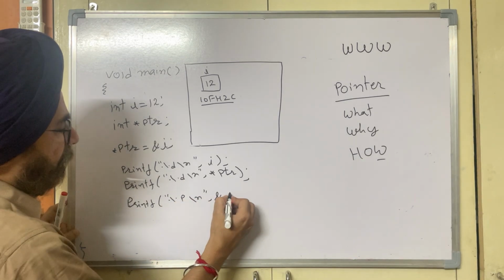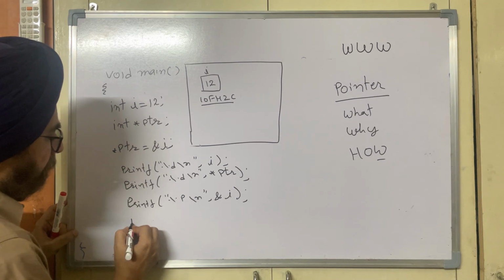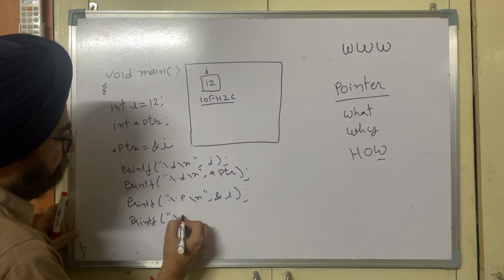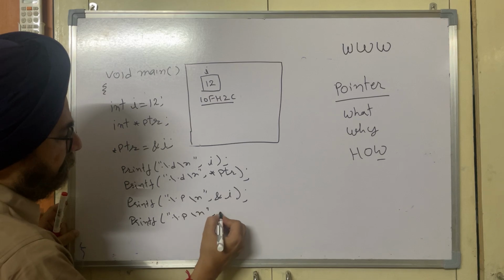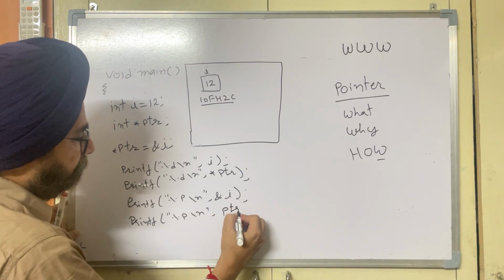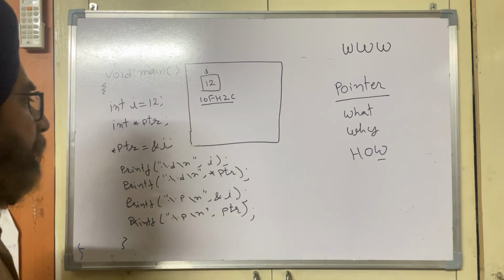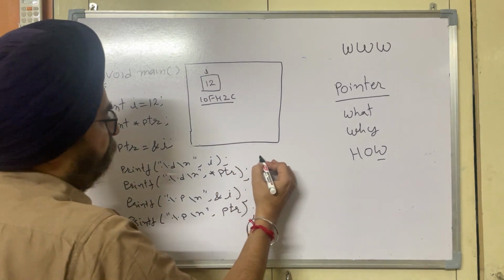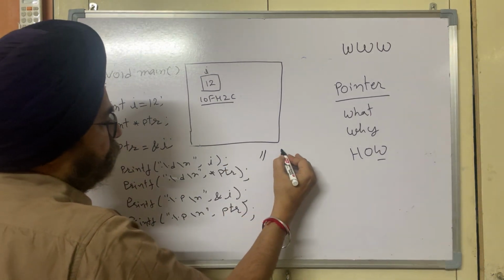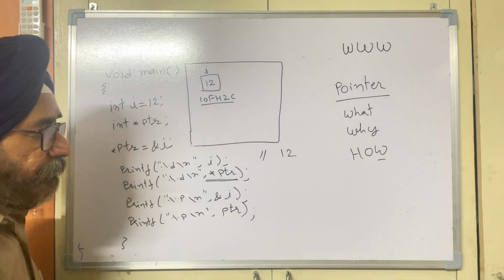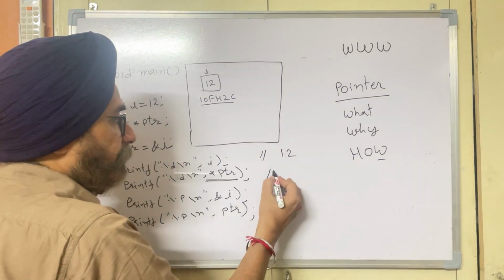This is the address of I, as we know. And another approach, printf %p \n, this is ptr. Happy? So let us see. We know that displaying I gives 12, and asterisk ptr also prints 12.